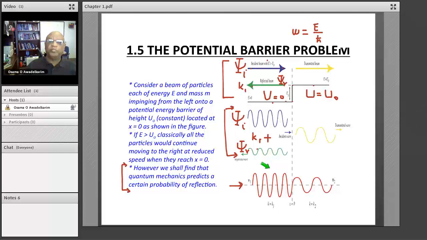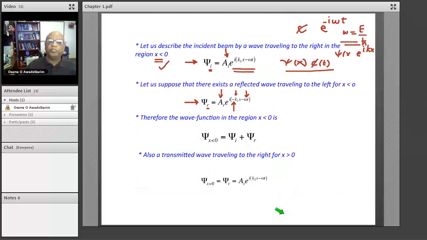And the sum gives me the resultant wave, which describes all the particles on the left-hand side, the incident particles as well as the reflected particles. So my wave function on the left-hand side, meaning x less than 0, is equal to the incident wave psi I plus the reflected wave psi r.